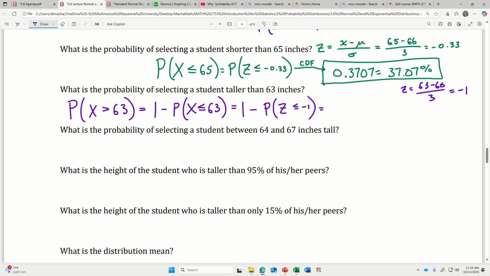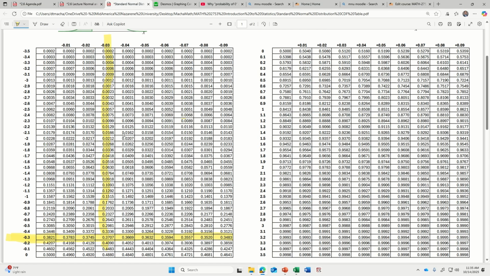Then we have to look at the CDF, because the CDF function tells us the probability of less than or equal to. So let's look up the CDF less than or equal to -1. That's 0.1587.